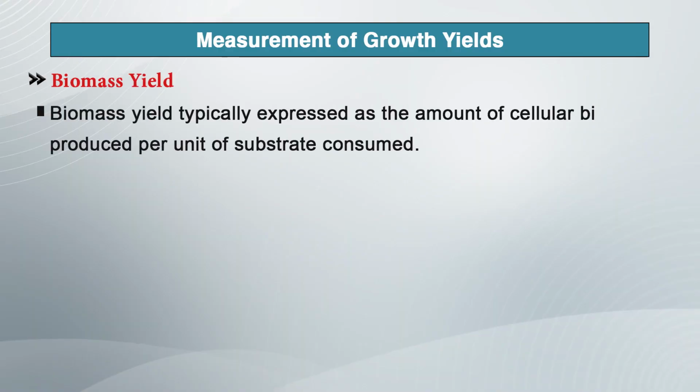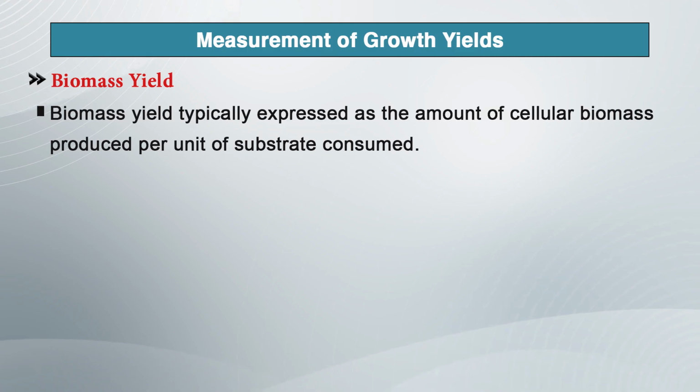So, understanding growth yield can aid in optimization of processes for various applications that include biofuel production, bioremediation and pharmaceutical manufacturing. The first measurement for growth yield is biomass yield.